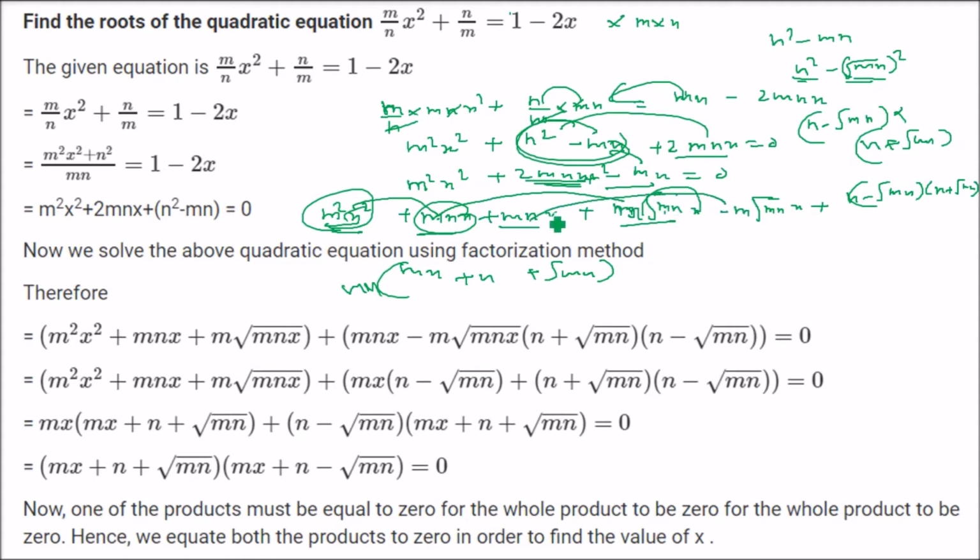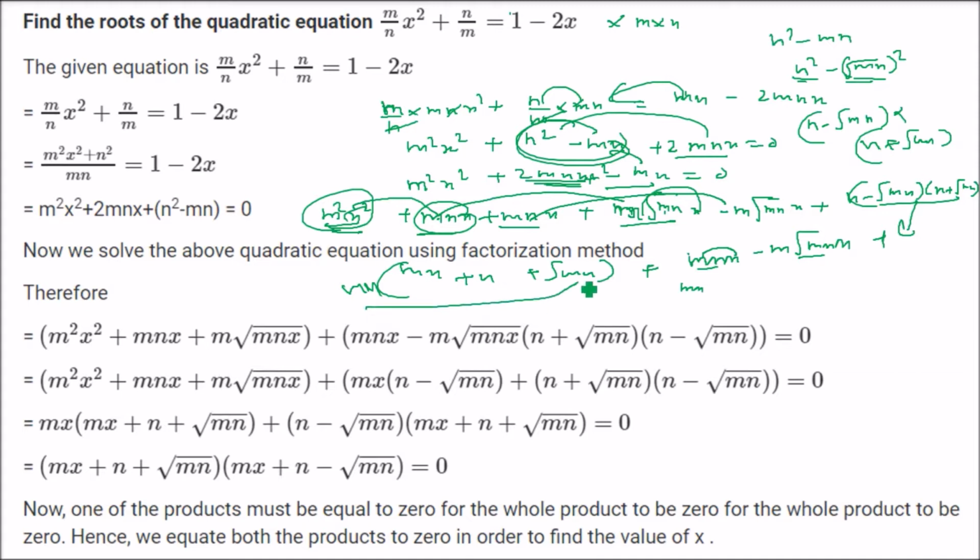Now if you take these two, it will be mnx minus m under root mn x, plus this one. Here I want to take n minus root mn common, so I will take mx common from here.